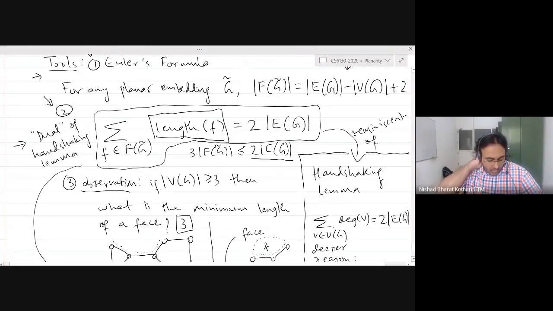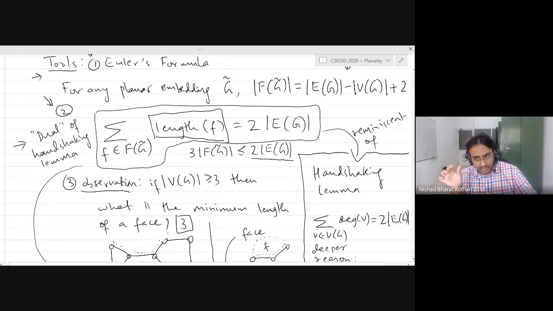We know that the length of each face is at least 3, right? Supposing the graph has 3 faces with lengths 3, 5, and 7, what we are assuming is, well, suppose they all have length 3. So 3 plus 3 plus 3, 9, is less than or equal to 3 plus 5 plus 7, right?